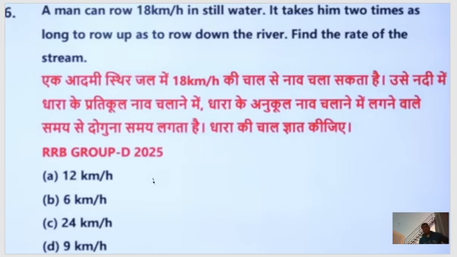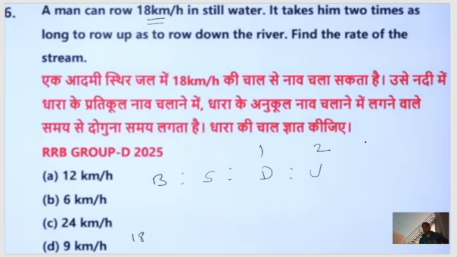So we know the boat, stream, downstream and upstream. The boat speed is given as 18 km per hour. The time is given, it takes 2 times. It means the upstream takes 2 times and the downstream takes 1 time.